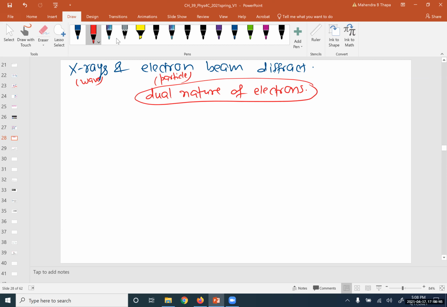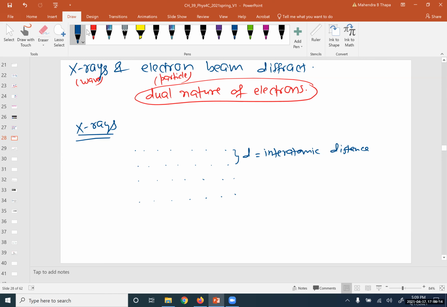If you remember, in the case of X-rays, the atoms are arranged in different planes. This is the interatomic plane, and this distance is d. We call it the interatomic distance.